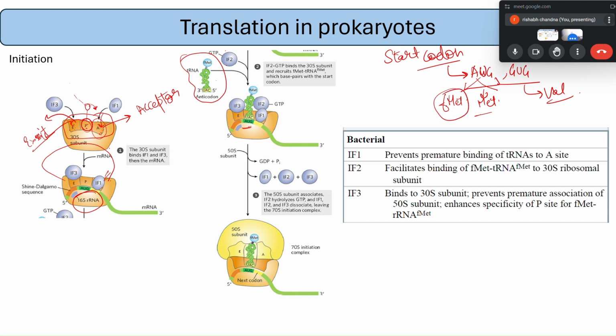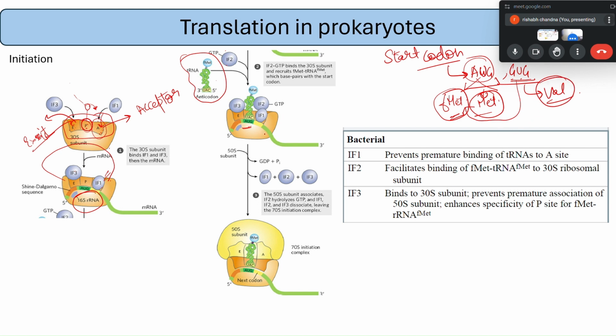Fmet is the first amino acid. So AUG, when present as the first codon, codes for Fmet, and when it is in the growing chain it codes for methionine. Same case with GUG: when it is the first codon it codes for Fmet, but when it is present in the growing chain, it codes for valine.